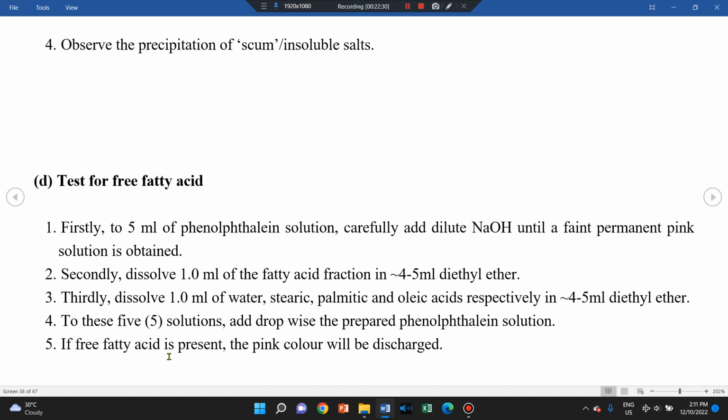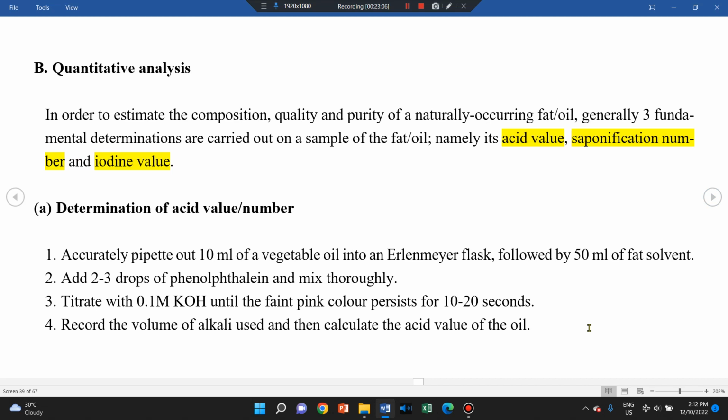If no acidic solution is present, the faint pink color will make the whole solution pink. Palmitic acid or stearic acid will discharge it, but water will not, right? That is the outcome you are supposed to get, and then you are supposed to say what has taken place in the saponification process. So that covers the qualitative.